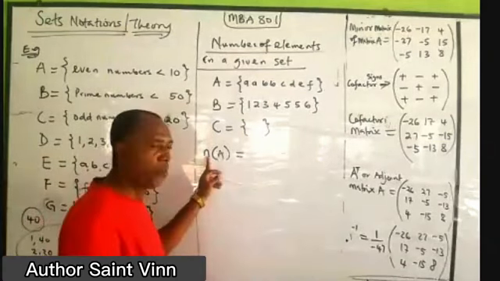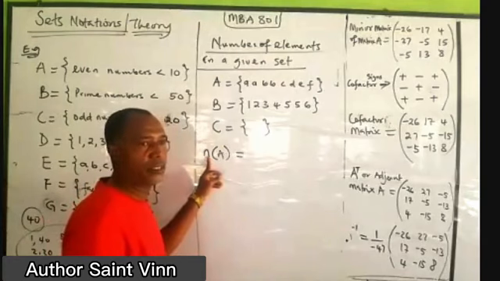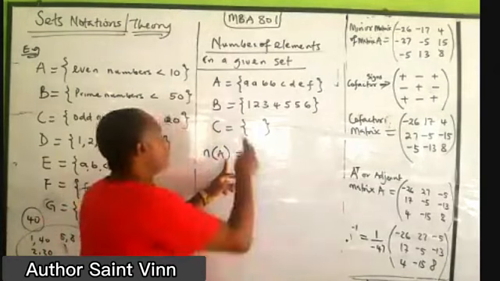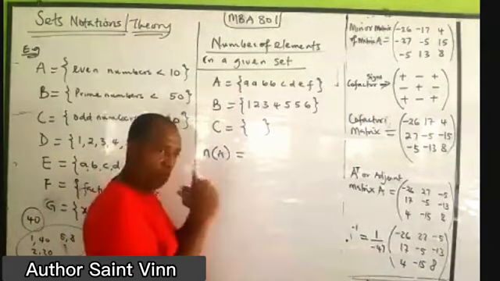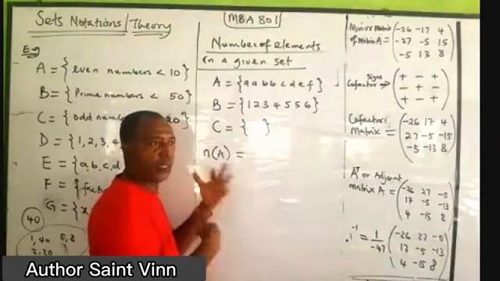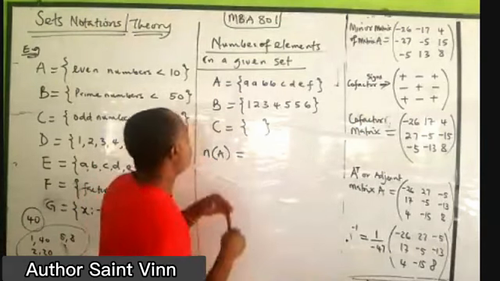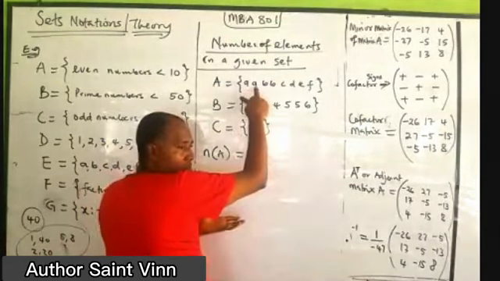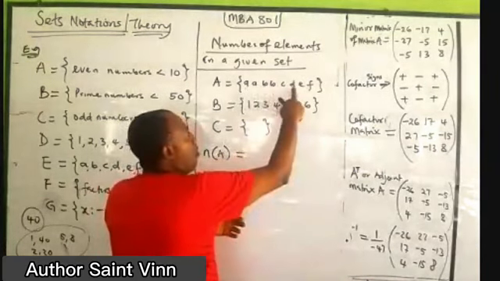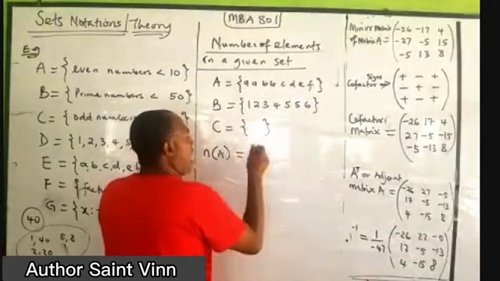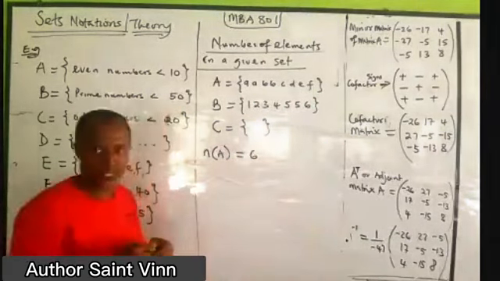Now this one is the number of elements in a given set A. Repeated elements are taken as 1. We don't count a repeated element as 2 or 3 or 4. So this a appears how many times? 2 times, so it should be 1. 2, 3, 4, 5, 6. Number of elements in set A is 6.